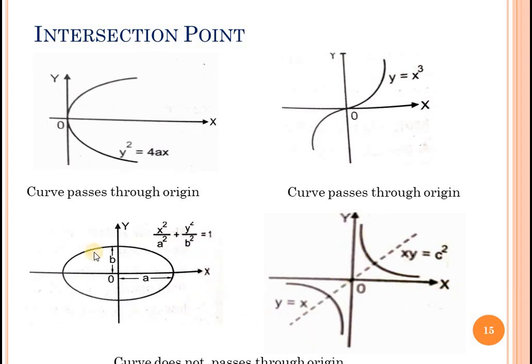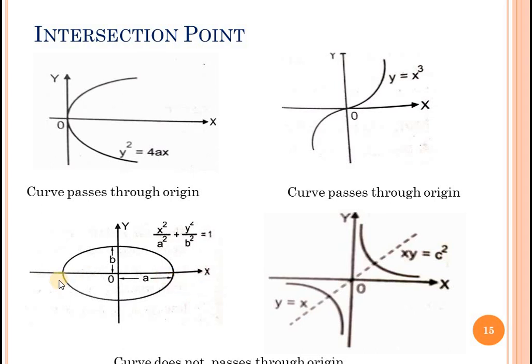Okay. Here also, when I put 0, 0, I get 0 is equal to 1, which is wrong. So the curve does not pass through the origin. 0, 0 does not satisfy this equation. But when I put y is 0, I get x square is a square. x becomes a and minus a. So a comma 0 and minus a comma 0. So the curve intersects the x-axis at 2 points.